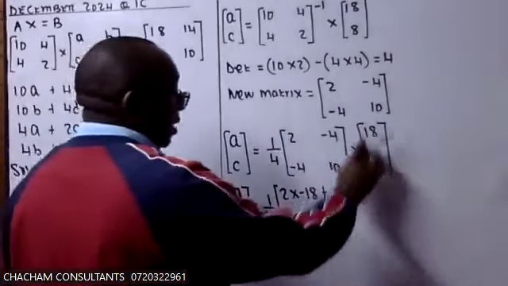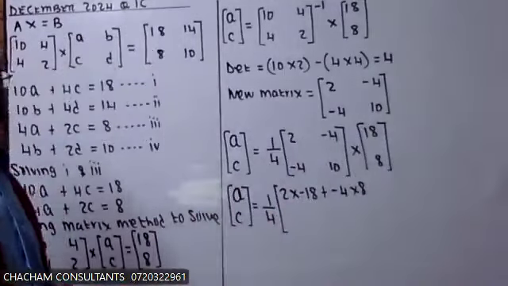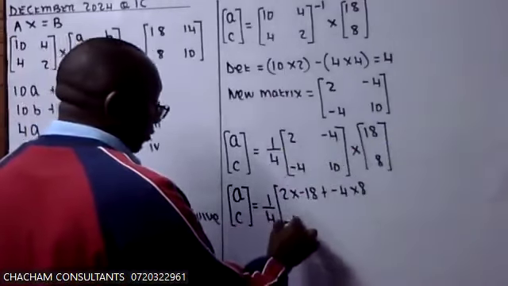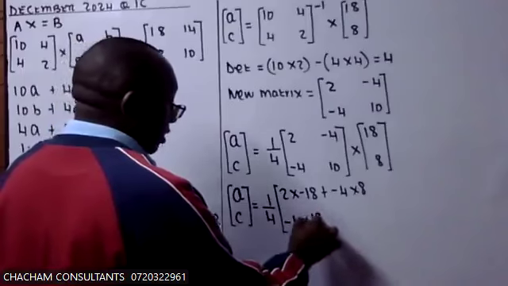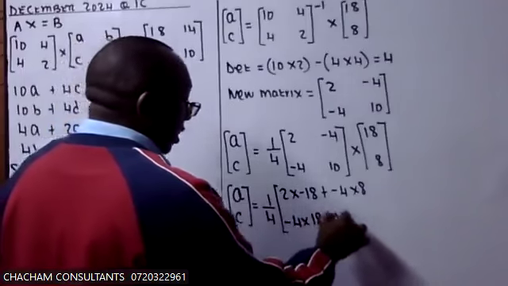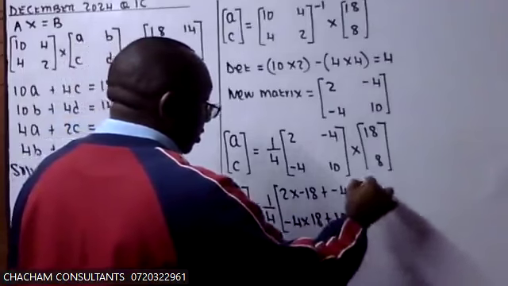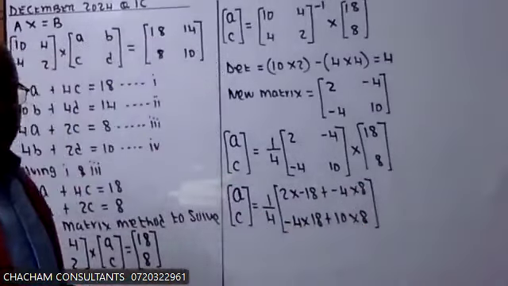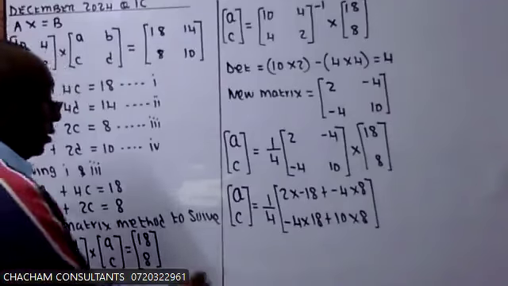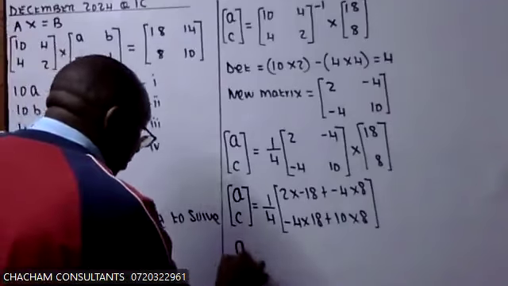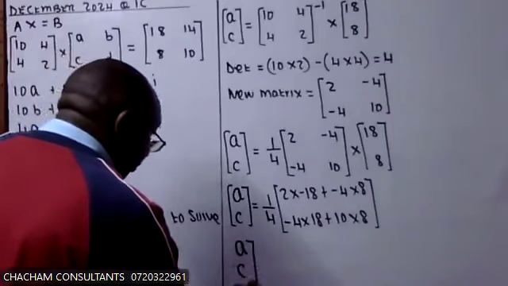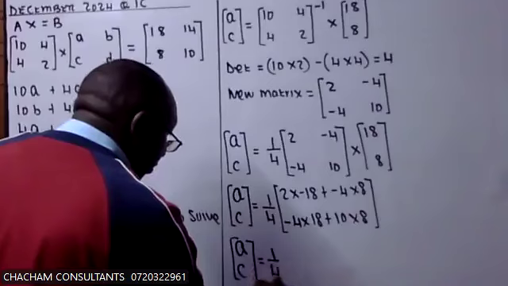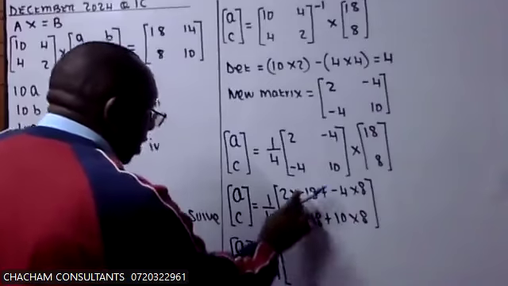This one multiplied by this. Then we take this one, -4 times 18 plus 10 times 8. So when you come down here, this will be 1 out of 4. You now solve this one.